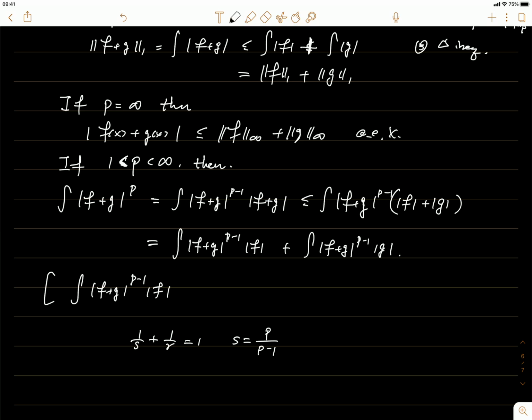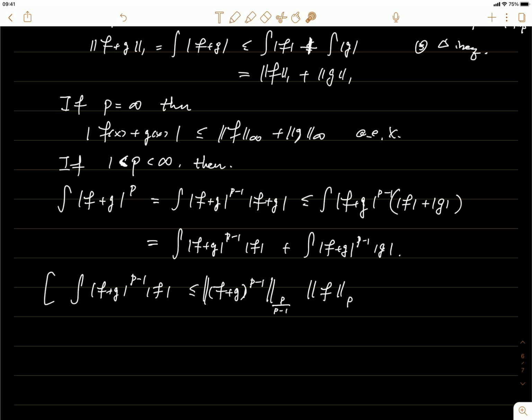So now I'm just going to use two exponents: this one as my new p, and p itself as my new q. By Holder's inequality, this is less than or equal to the norm of |f plus g|^(p-1) with the power p over p minus 1, times the p-norm of f.